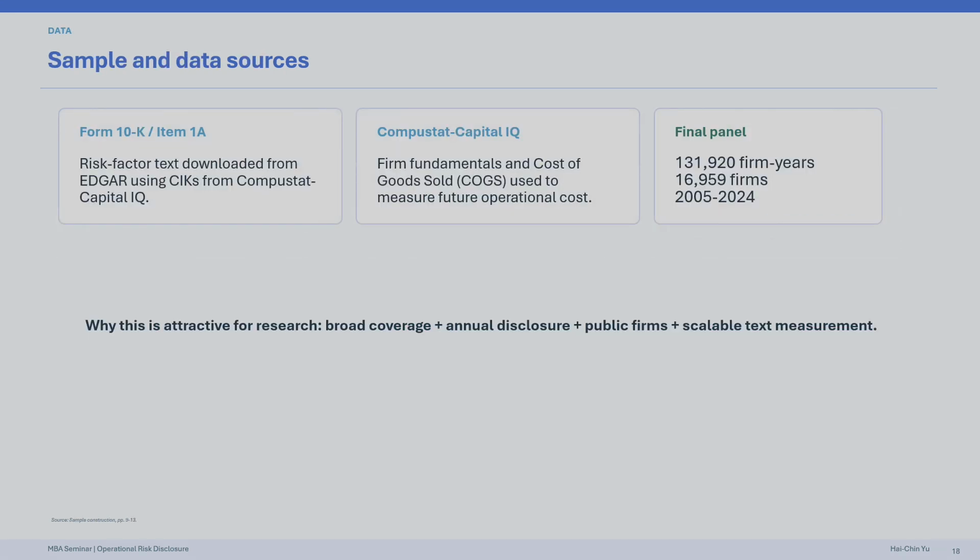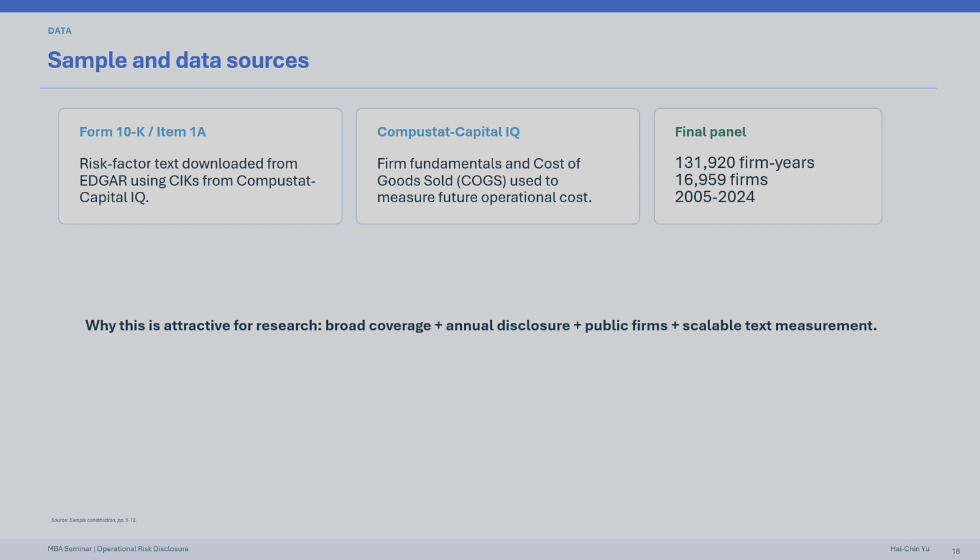So the sample and data source are 10K item 1A, combined with Capital IQ and Compustat, because this is only the risk measures, right? But they still have to control fixed effects. So those fixed effects came from Compustat and Capital IQ and were merged together to get the final sample.